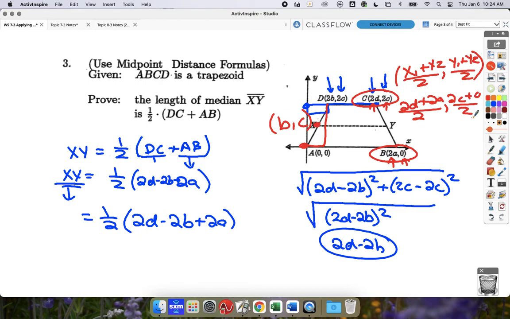So instead of having 2D's plus 2A's divided by 2, you're going to have D plus A. And 2C's divided by 2 is just 1 C. So that midpoint is D plus A, comma C.